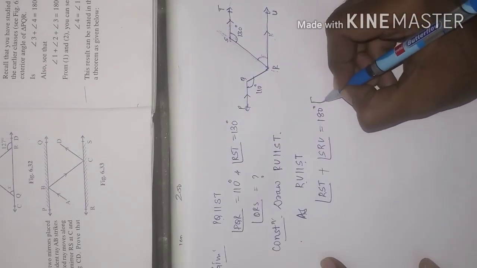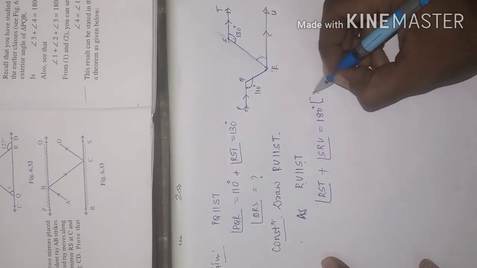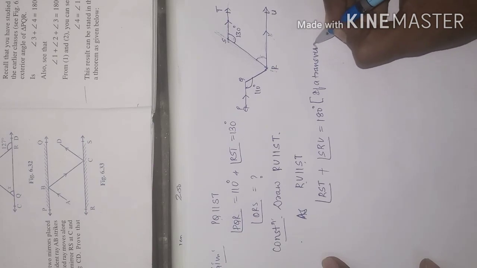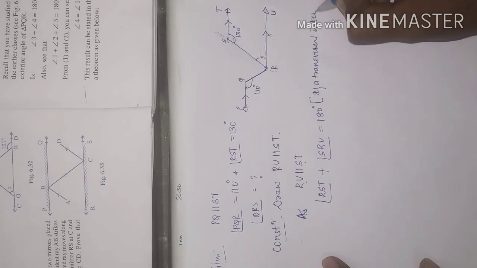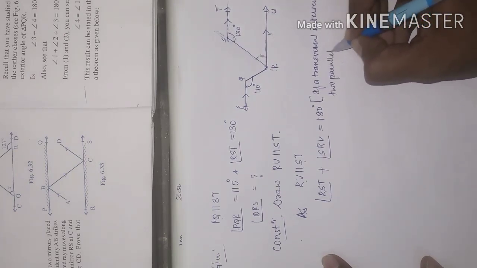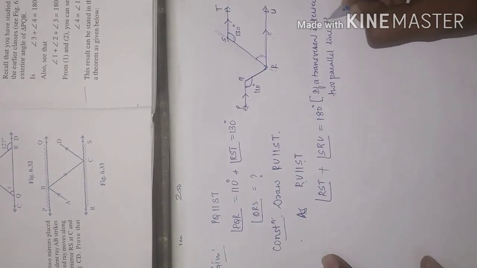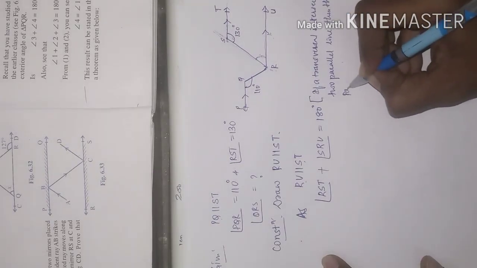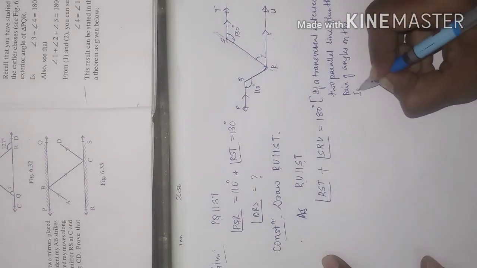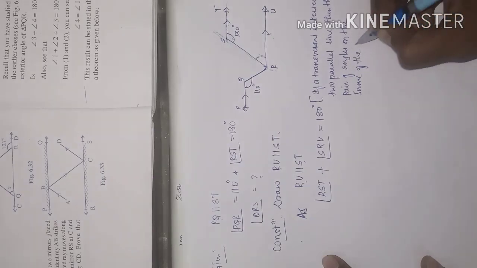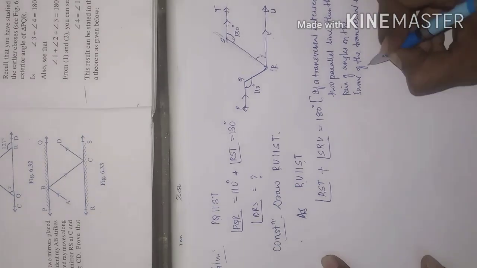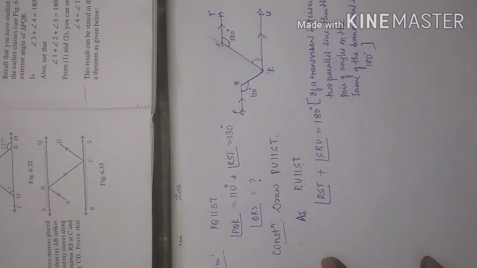Here we will write the statement that if a transversal intersects two parallel lines, then the pair of angles on the same side of the transversal is 180 degrees, nothing but supplementary.